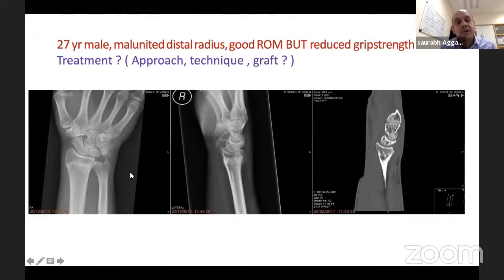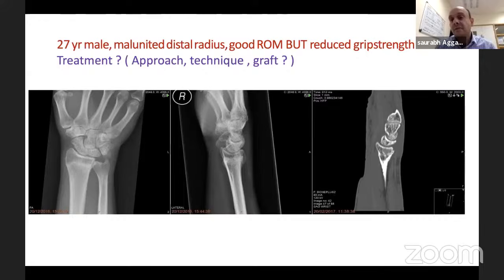So if I take you through his radiographs, now PA radiograph, you can see radial height is okay, inclination is okay, but there is a dorsal malunion. So you can see here it's around 10 degrees. So effectively it's 20 degrees. You can see carpus, capitate is tending to fall off. Lunate is tending to extend, i.e. following the direction of malunion.